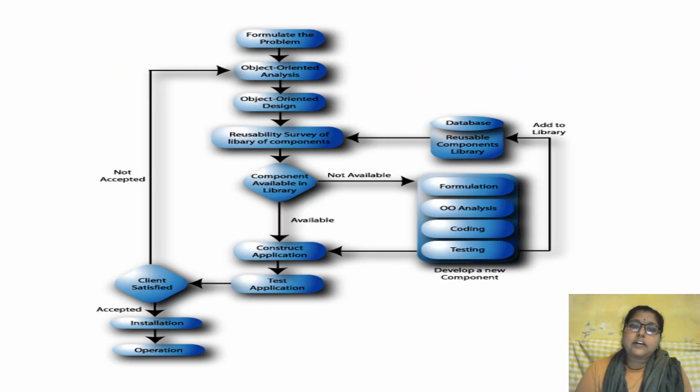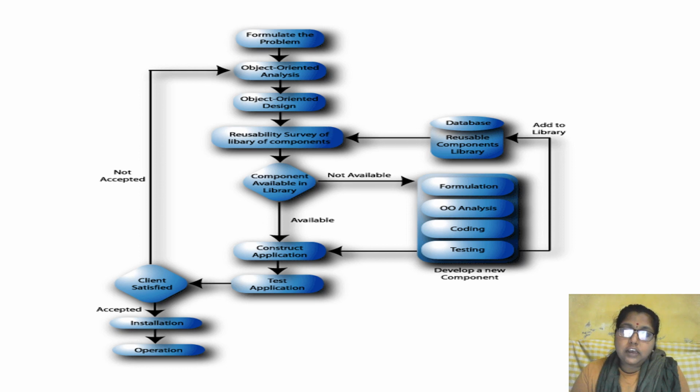Next, we have a flow chart for object oriented design. First, we formulate or analyze the problem. We interact with the client and analyze the problem, and how to design the software. Then we go to object oriented analysis, and design the software through object oriented design, and we do the reusability survey of library components.